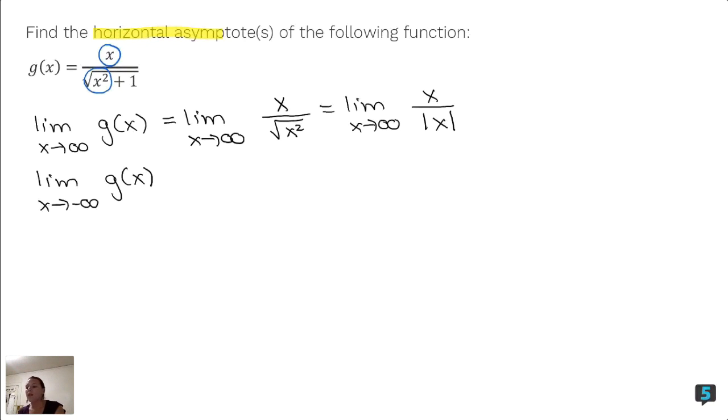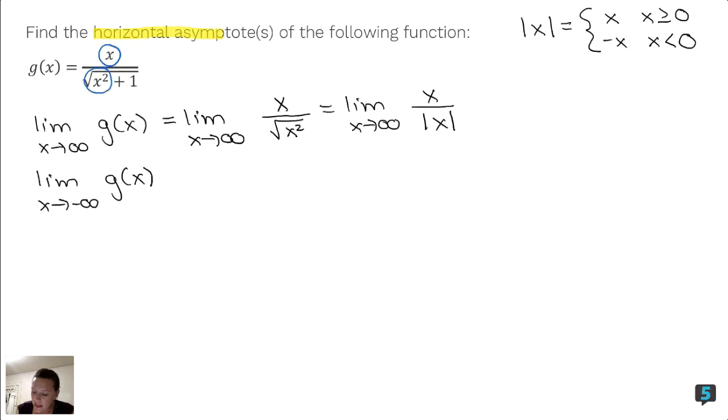So, absolute value of x. Let's think about this as a piecewise function for a second. This is x when x is greater than or equal to 0, and it's negative x when x is less than 0.